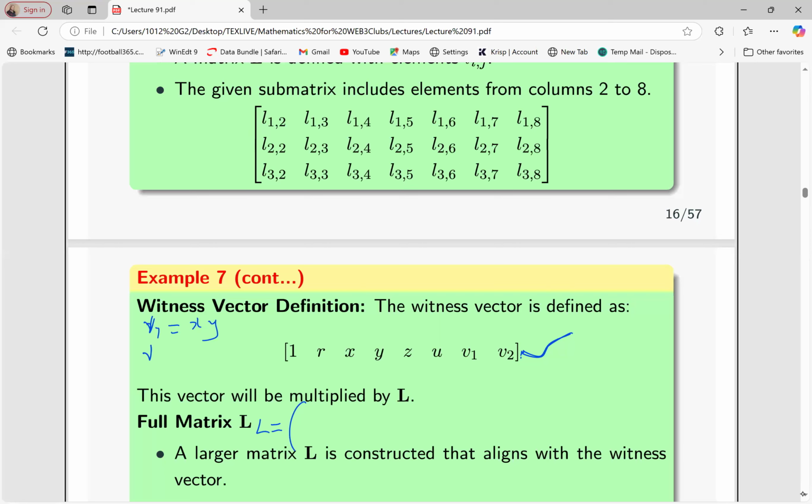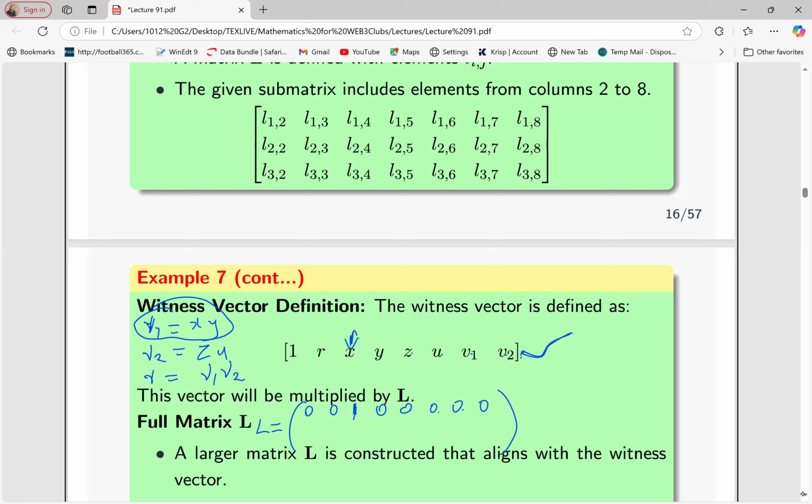V2 was ZU, and R was V1 times V2. Now we go to the first row. The left value is X, so X becomes 1. The rest is zeros: 1, 2, 3, 4, 5 zeros.